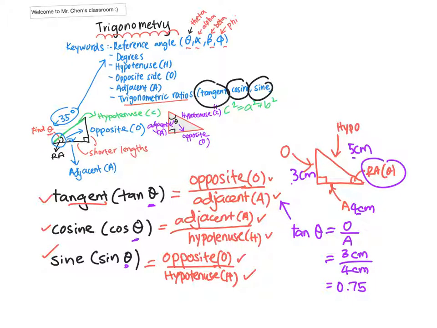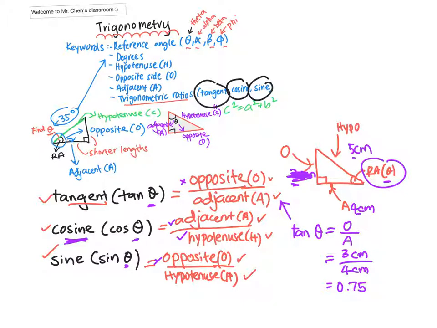For example, if 4 and 5 are given but 3 is not given, which is hypotenuse and adjacent, we can use cosine to find out the reference angle. We cannot use opposite because it is not given, and obviously we can't use the other two because both of those involve the length of opposite.